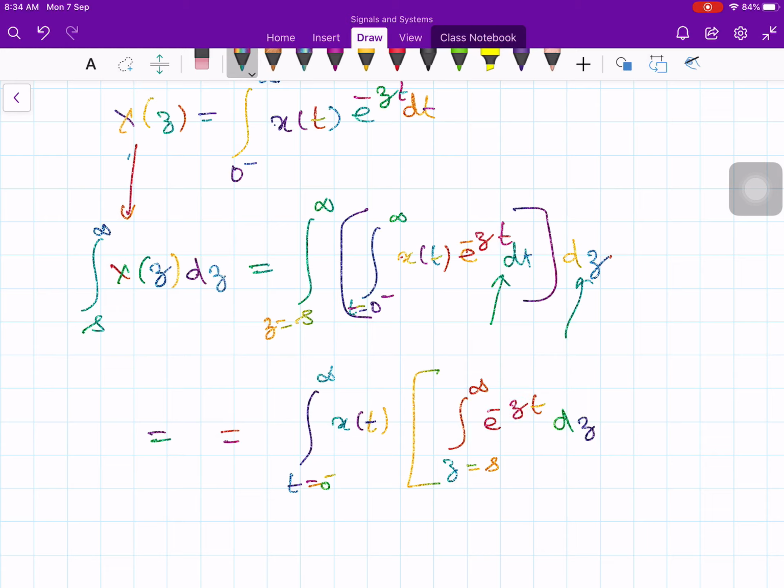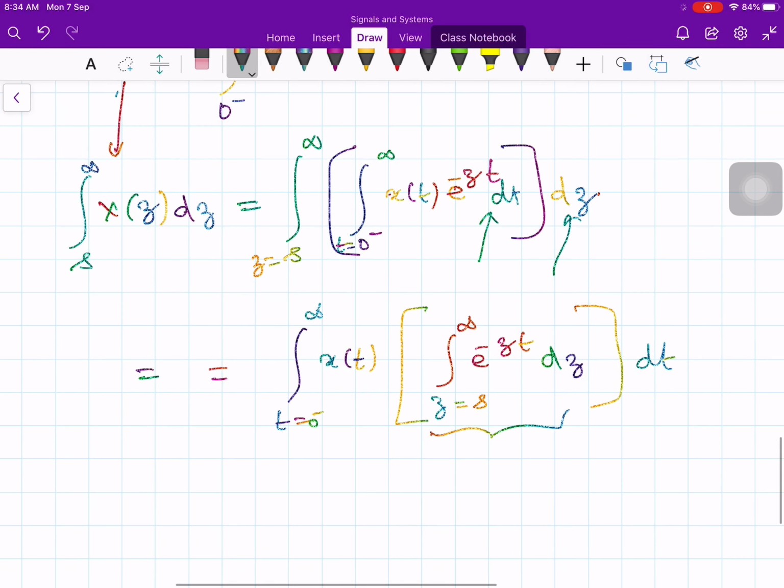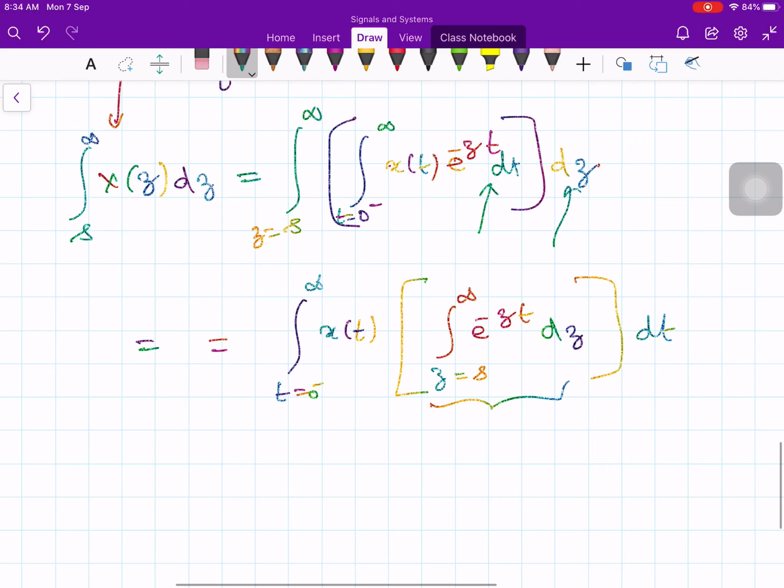Now you first finish this one. So t equals 0 minus to infinity of x(t), and if you integrate e to the minus zt, you get e to the minus zt divided by minus t, with the limit s to infinity.